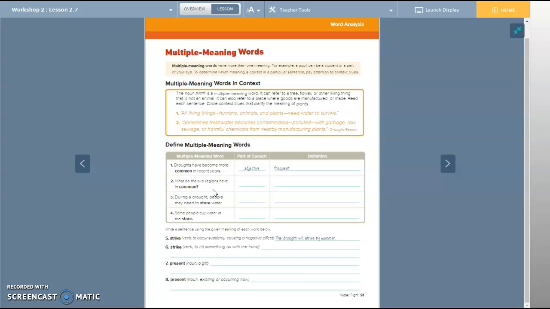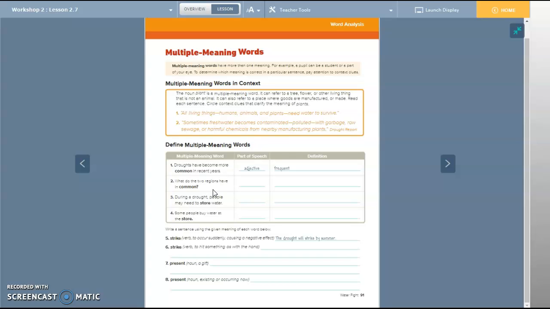The noun plant is a multiple meaning word. It can refer to a tree, flower, or other living thing that is not an animal. It can also refer to a place where goods are manufactured.